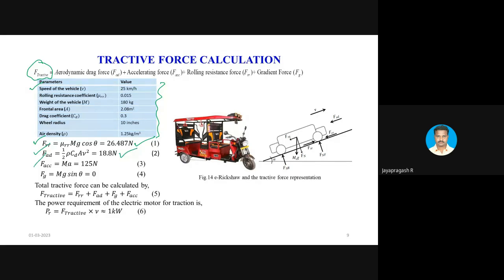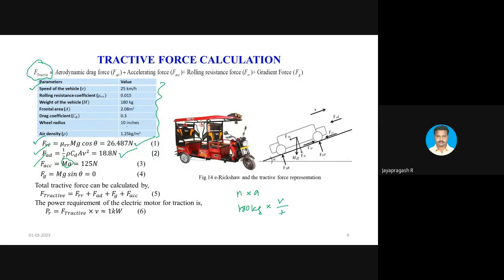Accelerating force is equal to mass into acceleration. So here you have to concentrate a lot. Actually, this accelerating force influences the power rating of the machine like anything. We calculate the accelerating force as mass into acceleration. The mass we have considered is 180 kilogram. Acceleration is velocity by time.